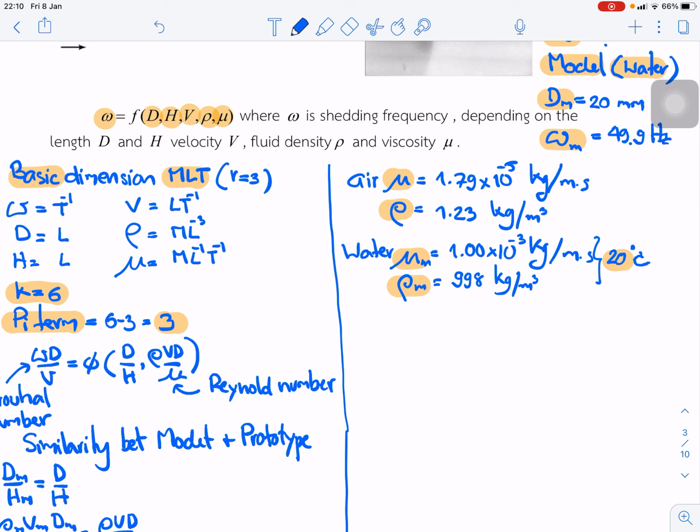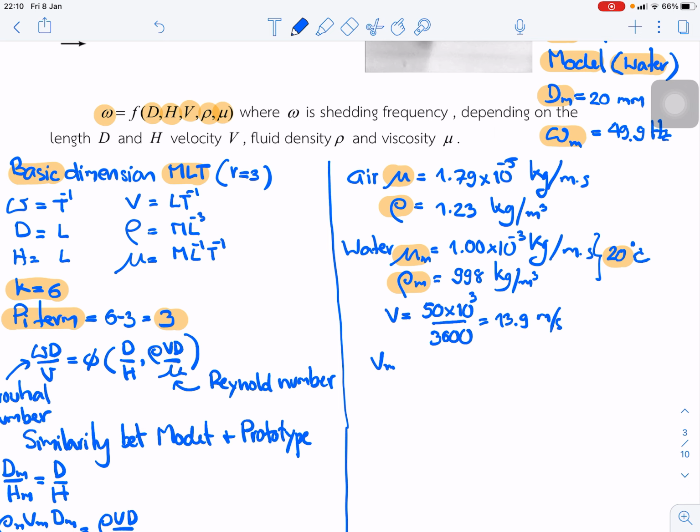Next we can find the velocity of the prototype. Given 50 kilometers per hour, we convert to meters per second, equal to 13.9 meters per second.